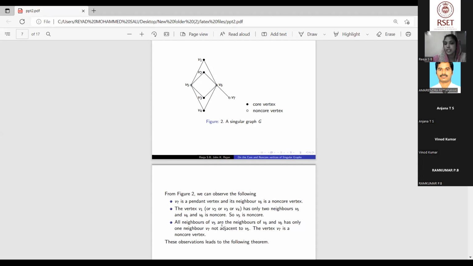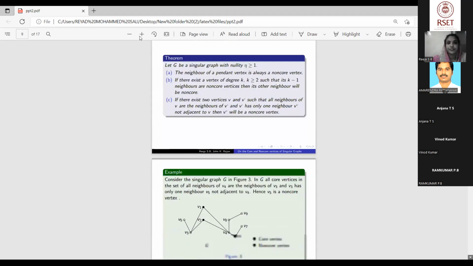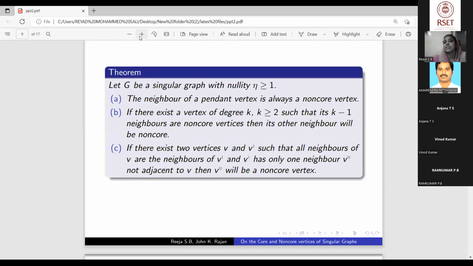This observation leads to the following theorem. Let G be a singular graph with a nullity greater than or equal to 1. A, the neighbor of a pendant vertex is always a non-core vertex.